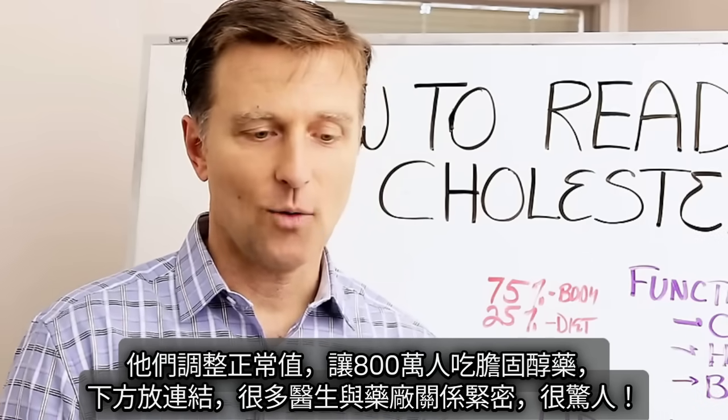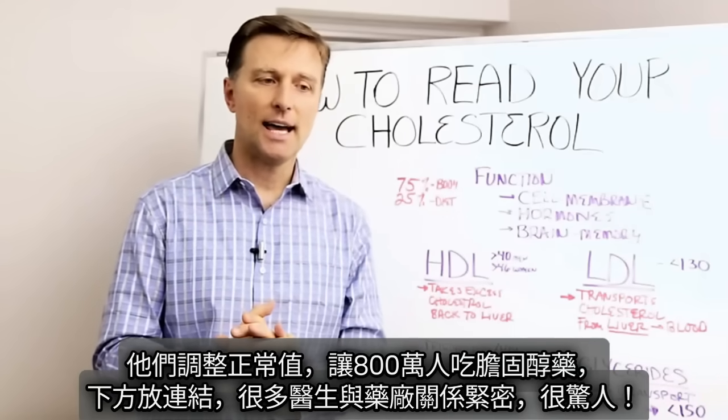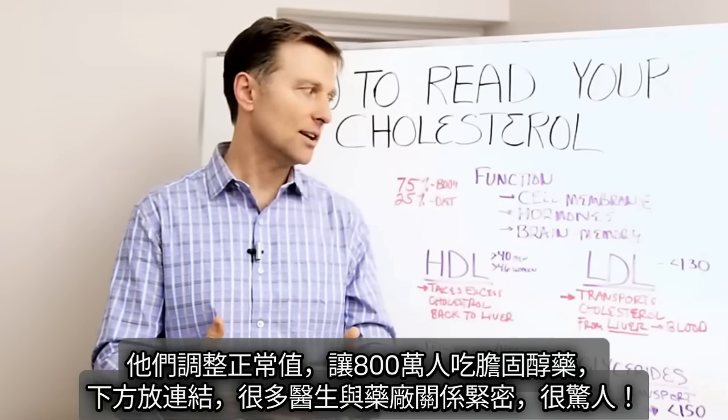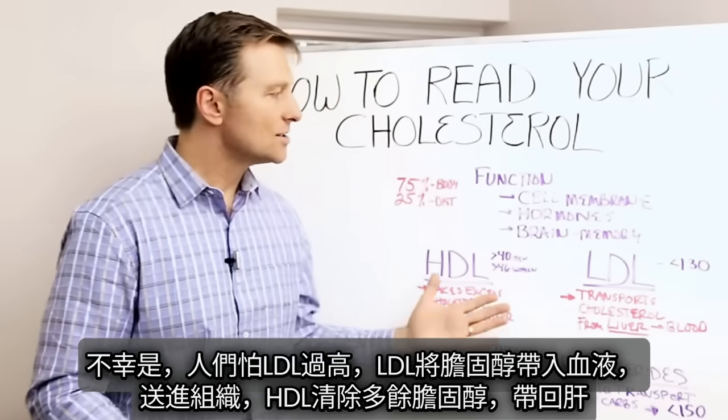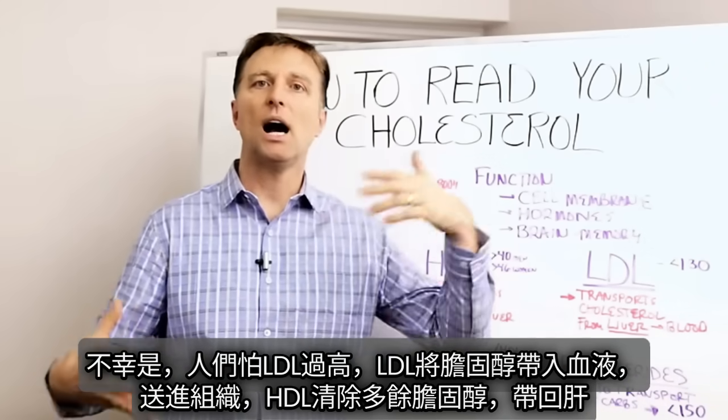That's what they did. Well, then we find out, and I put a link down there, that a lot of these doctors had ties to the drug companies. Yeah, I know. Surprise, right?